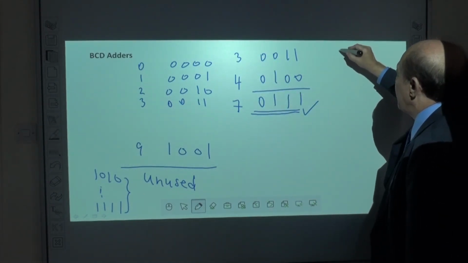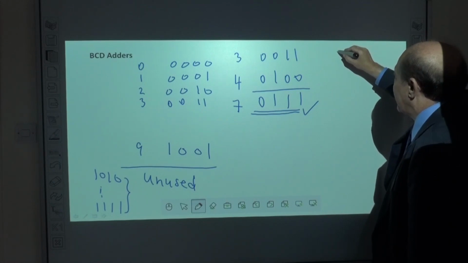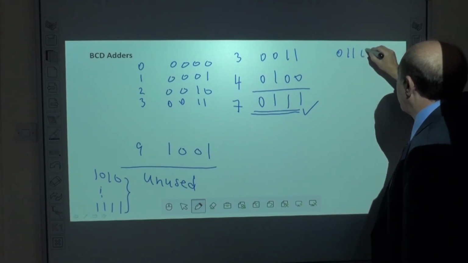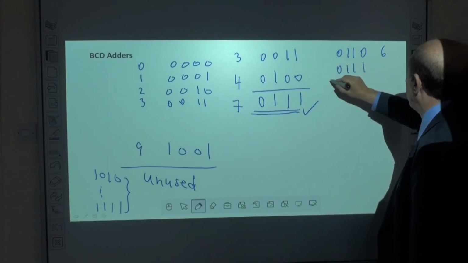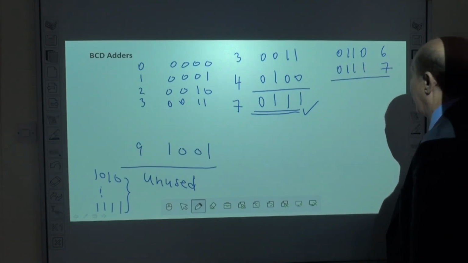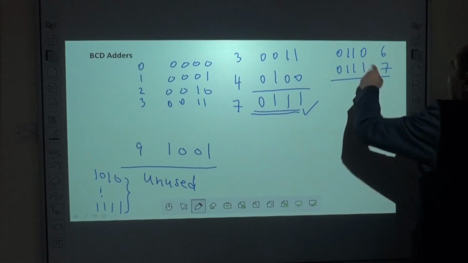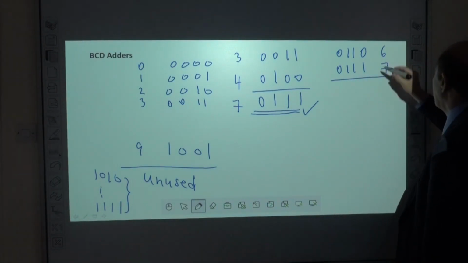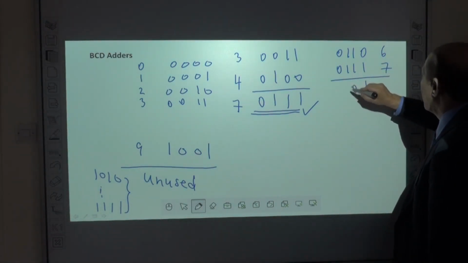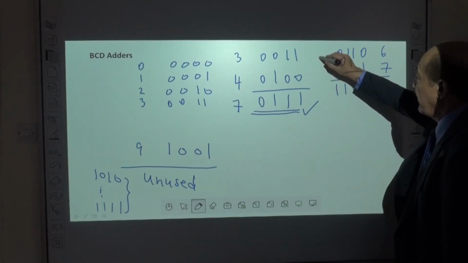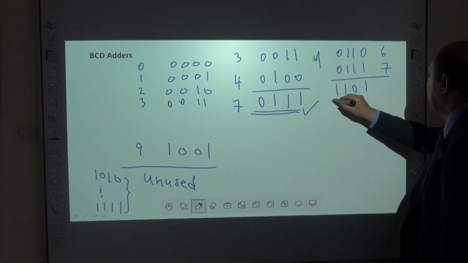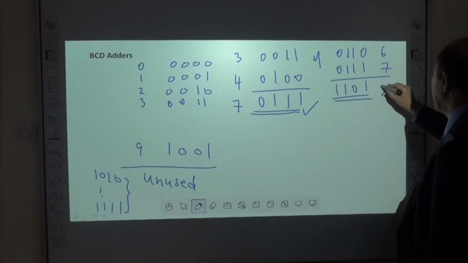Let's add, for example, 6 with 7. 6 is 0110 and 7 is 0111. This is the BCD code for each of them. The sum is 1101 with carry 0. Although we haven't carry out here, the result is incorrect.